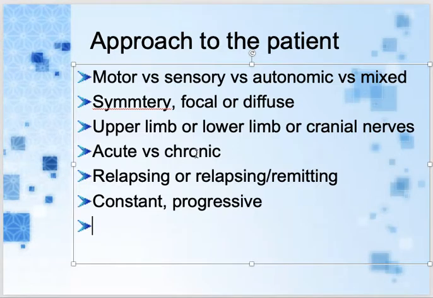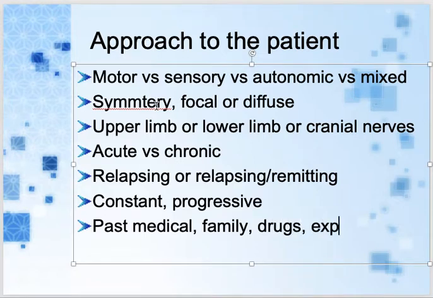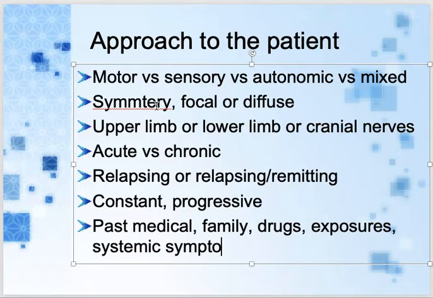So all these things we have to sort out, and then we take the history, because when I show you the causes, we have to ask the past medical history, the family history, about the drugs, about the exposures, and about the systemic symptoms we have to ask the patient. So simply all these things we are going to see in the patients, right?